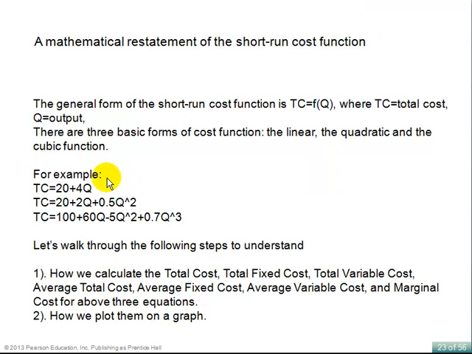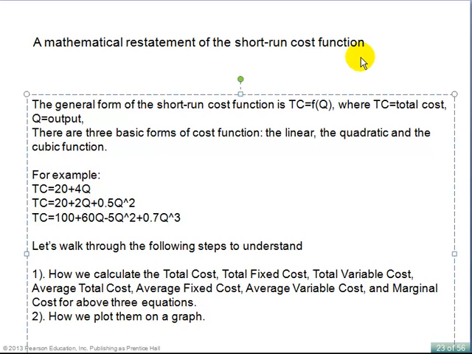The first one is the linear function, total cost equals 20 plus 4Q. The second example is total cost equals 20 plus 2Q plus 0.5Q squared. The third one is total cost equals 100 plus 60Q minus 5Q squared plus 0.7Q cubed.